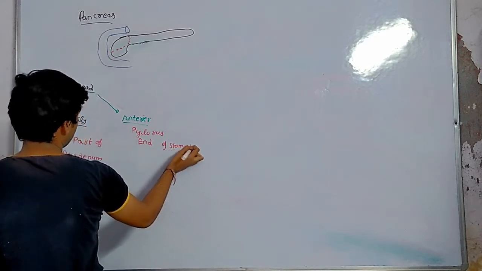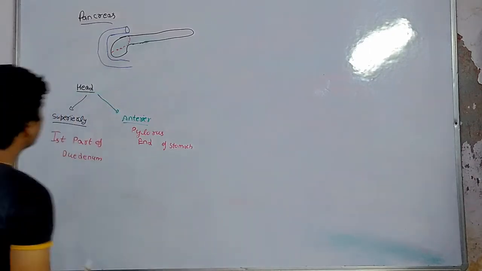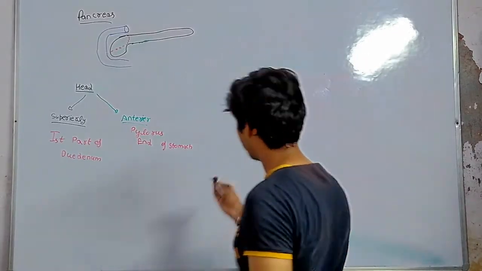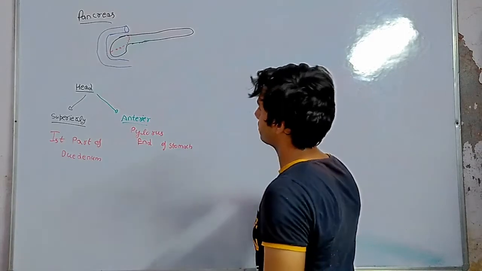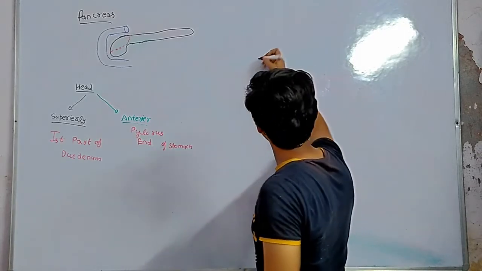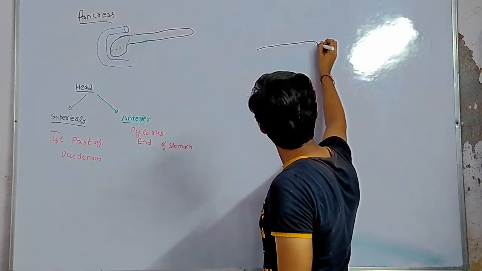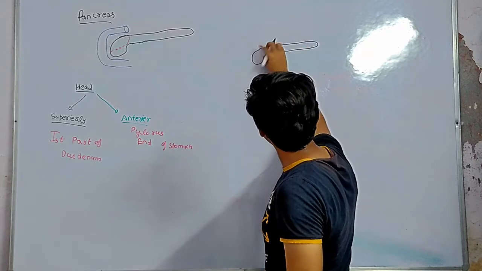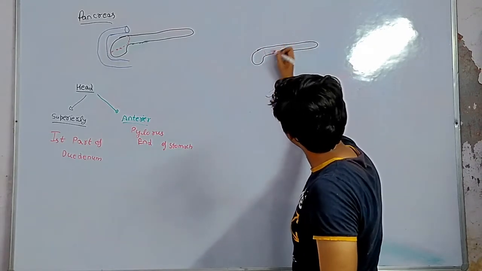And now to understand the posterior relations of this, we draw again a different diagram about the kidney and branches. This is the pancreas. Behind the pancreas, this is the neck portion.